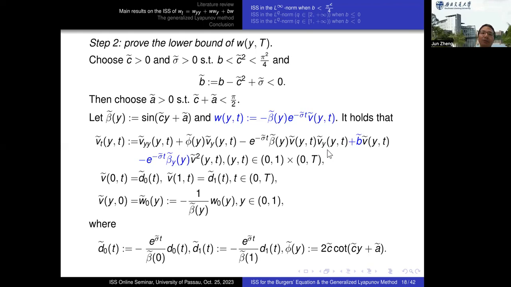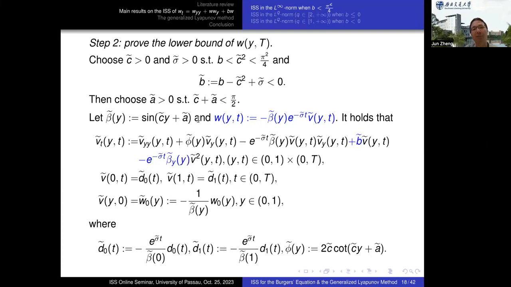Then we would like to prove the lower bound of the solution. Because the Burgers equation is a strongly nonlinear equation, we will use another transformation to transform the original system into this one. Here, we still want to guarantee the positivity of reaction coefficients B tilde and this term.